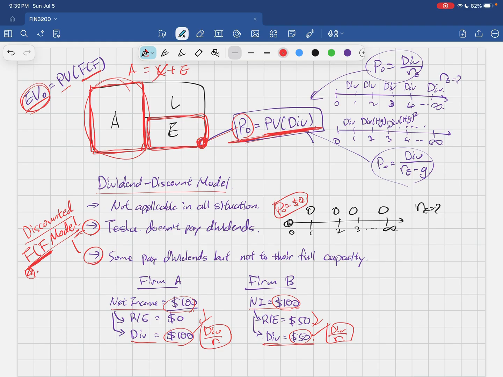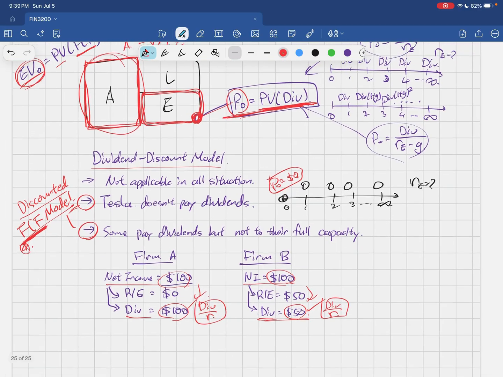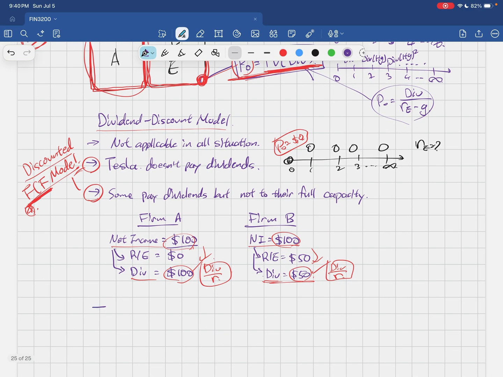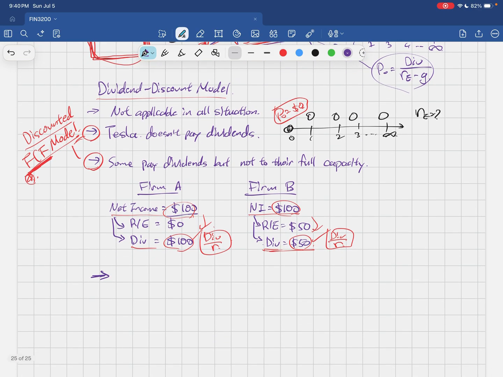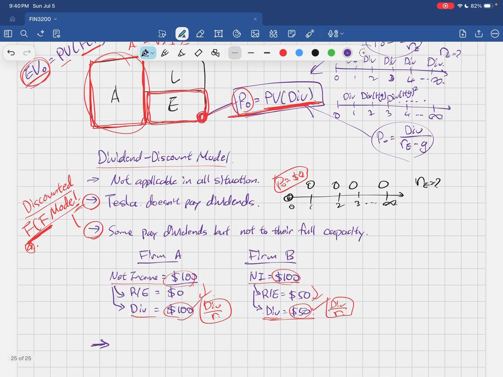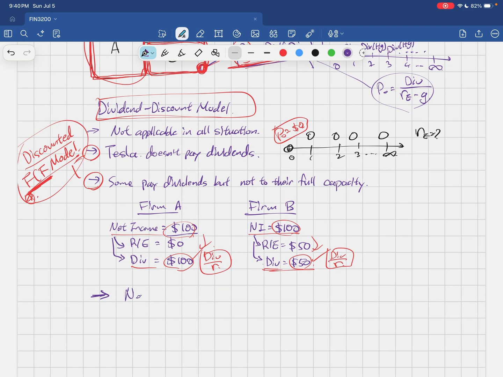And lastly, sometimes firms just don't have that much publicly available information. Could be a private firm. Some firms don't have enough information to apply either of these two models.